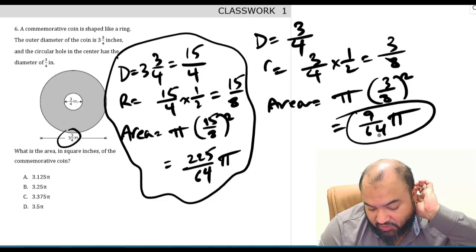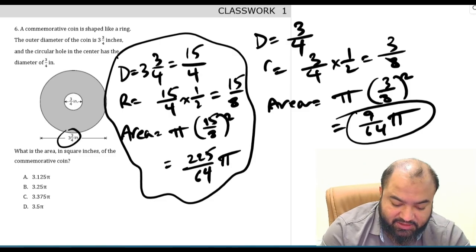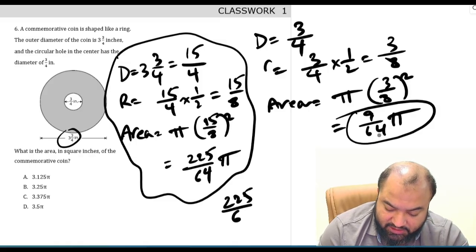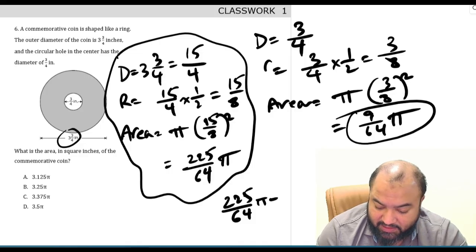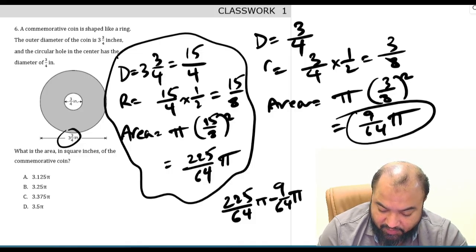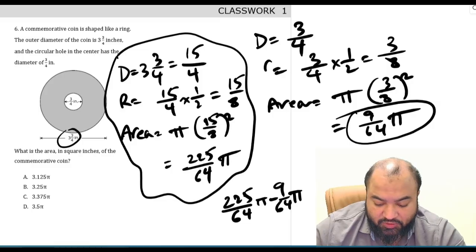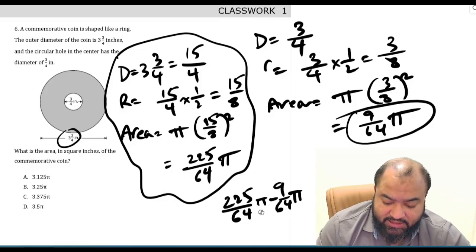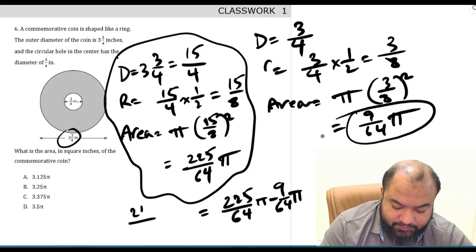Okay. Now they said, what is the area in square of the commemorative coin? So the coin, this is the shaded area. So 225/64, keep the pi, minus 9/64 pi. What is 225 minus 9? That's 216 pi over 64.